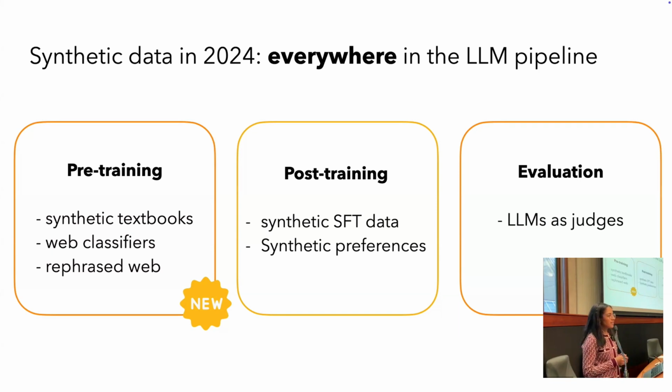The motivation behind that is that you have a lot of control over synthetic data. You can control your prompt and basically also the kind of data that you generate. So instead of just trying to filter the web, you could try to get the LLM to generate what you think the best web pages could look like and then train your models on that. So this is how we went from not having synthetic data at all in the LLM pipeline to having it everywhere.